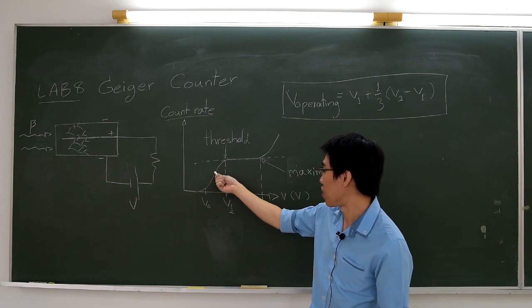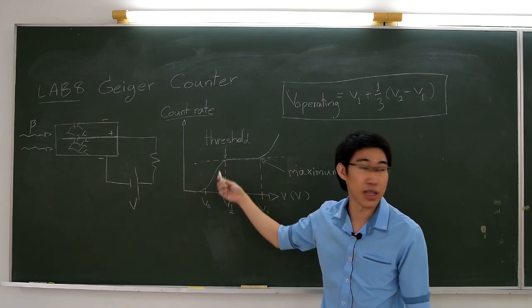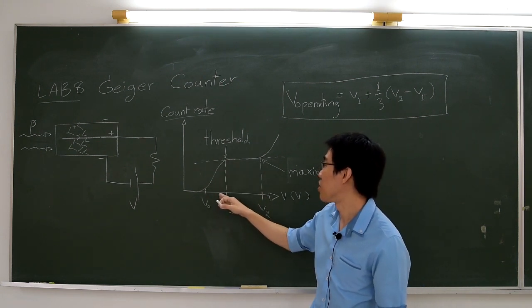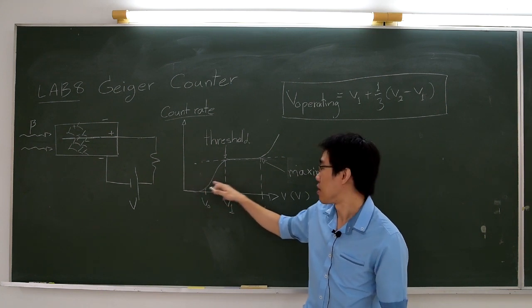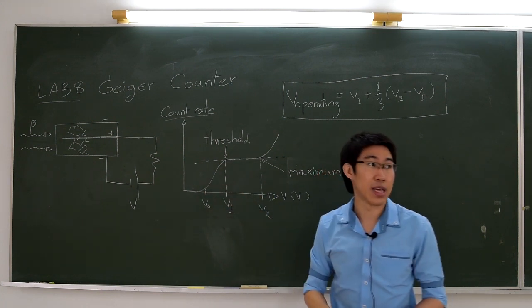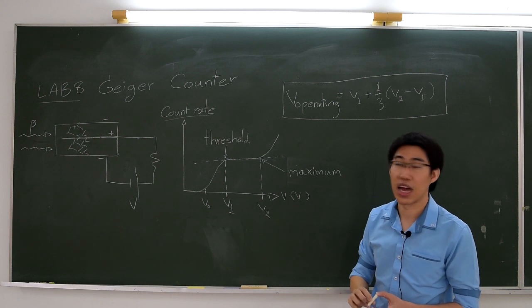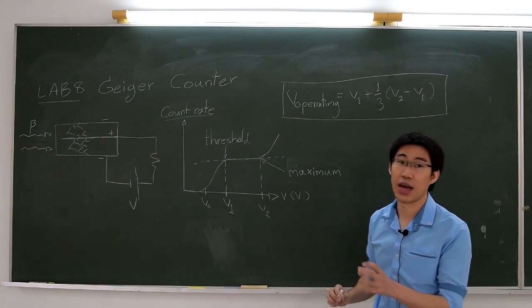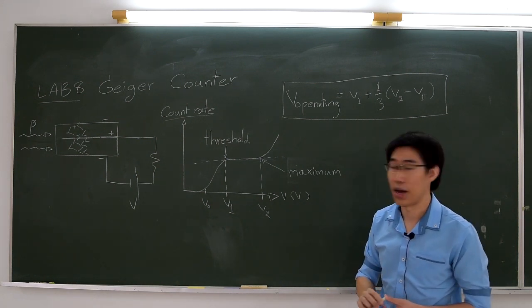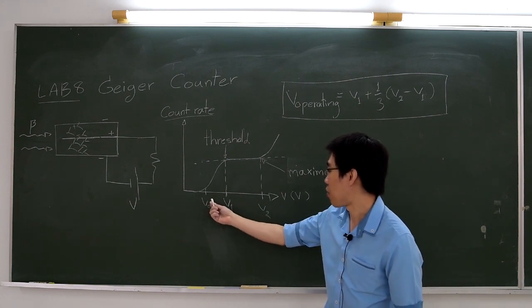The count rate quickly rises as the voltage increases. In this interval, the count rate depends on the applied voltage, so we cannot use voltages in this interval.